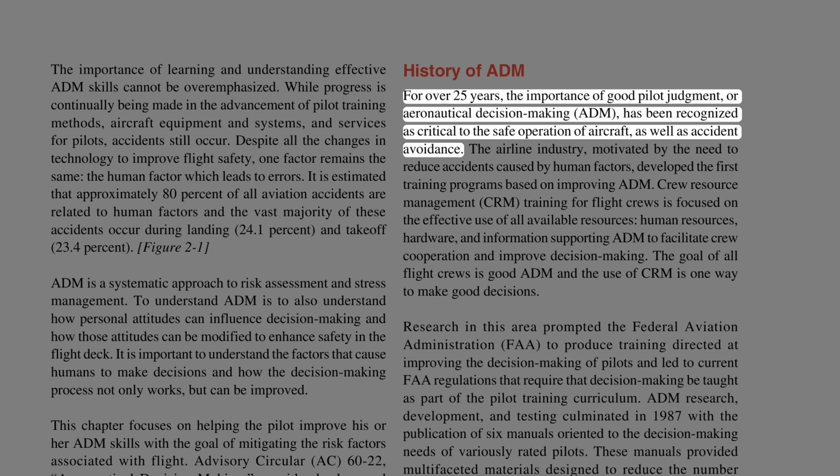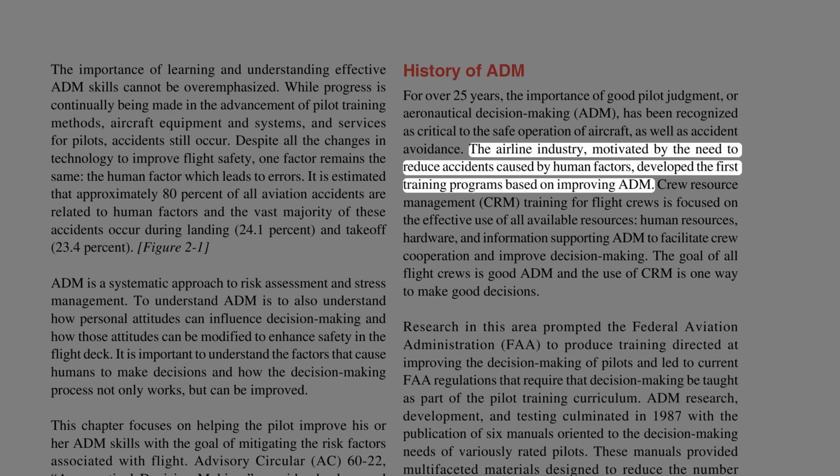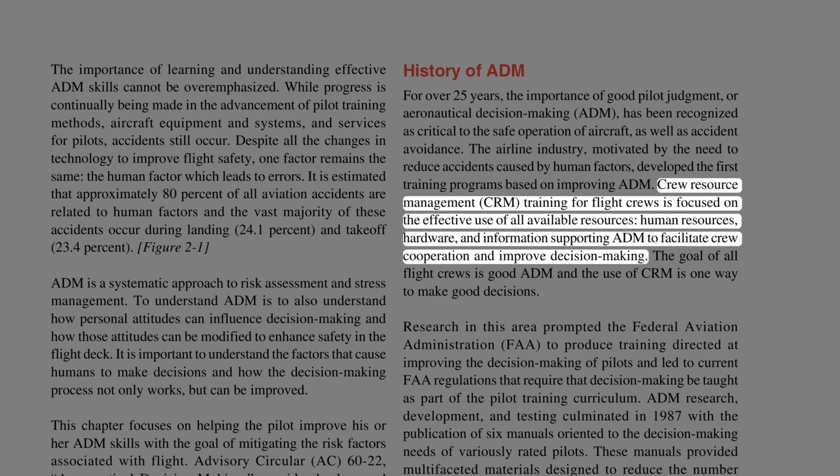History of ADM. For over 25 years, the importance of good pilot judgment, or aeronautical decision-making, ADM, has been recognized as critical to the safe operation of aircraft, as well as accident avoidance. The airline industry, motivated by the need to reduce accidents caused by human factors, developed the first training programs based on improving ADM. Crew Resource Management (CRM) training for flight crews is focused on the effective use of all available resources: human resources, hardware, and information, supporting ADM to facilitate crew cooperation and improve decision-making.